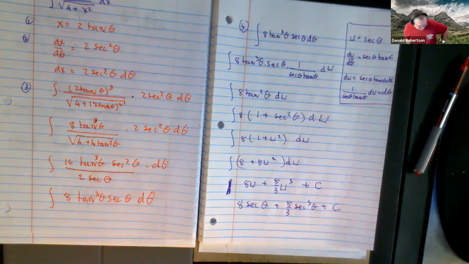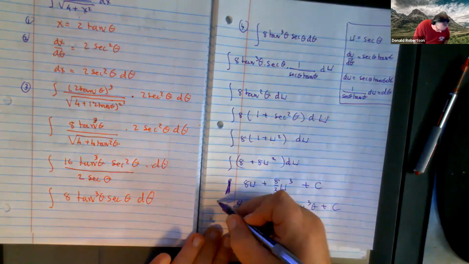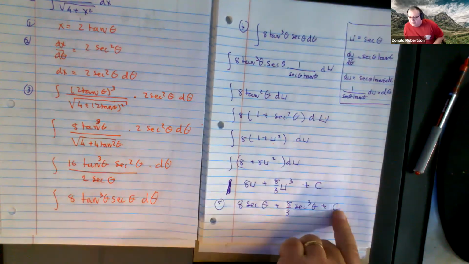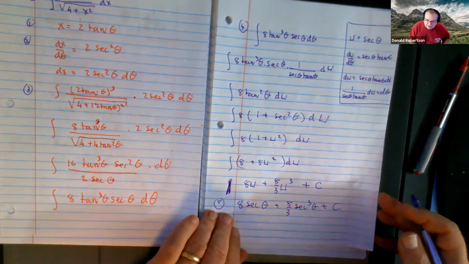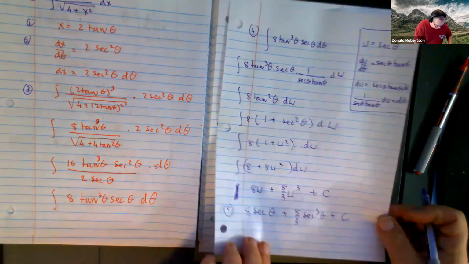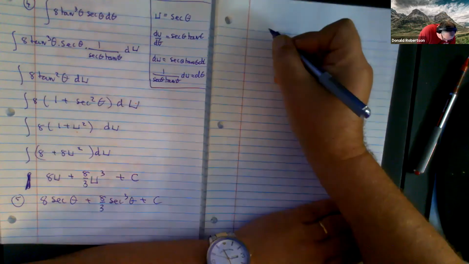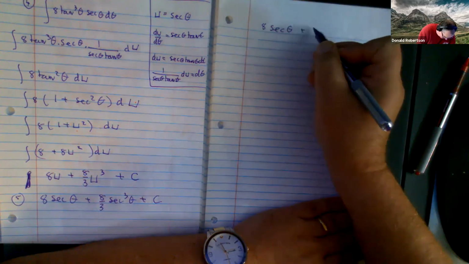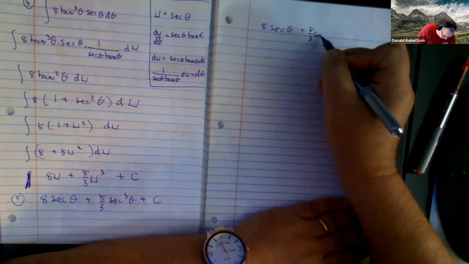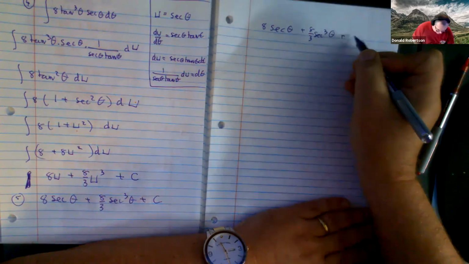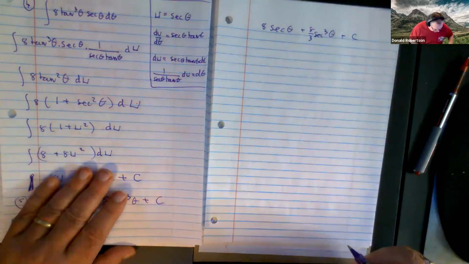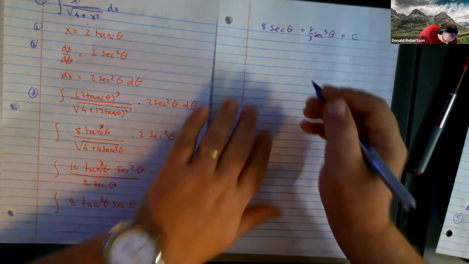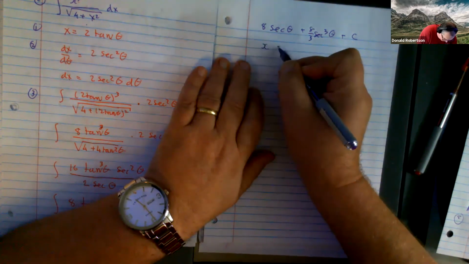Okay. So basically I'm on to the last step: take your answer and convert back to x's. So now we have to deal with how to take the answer, which is in thetas, and change it back to x's. Well, you start with your x sub.